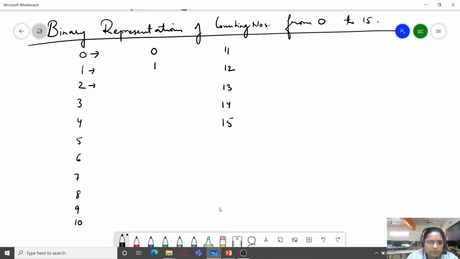But when we come to 2, it becomes 10. 3 becomes 11. You can see the combinations here. We will add leading zeros in front of the previous two numbers just to make it look even, that is, all numbers with an equal number of bits.